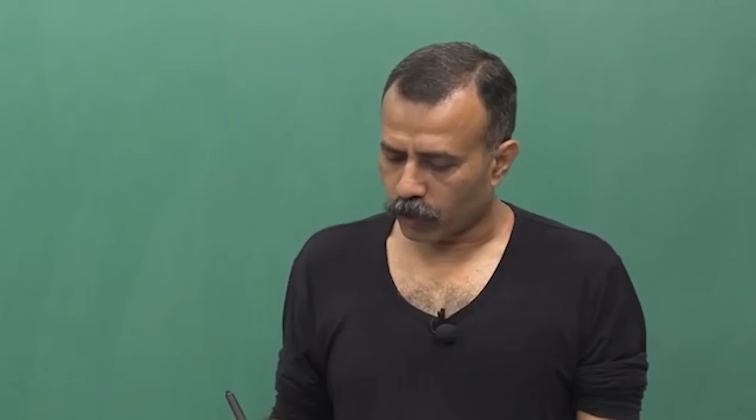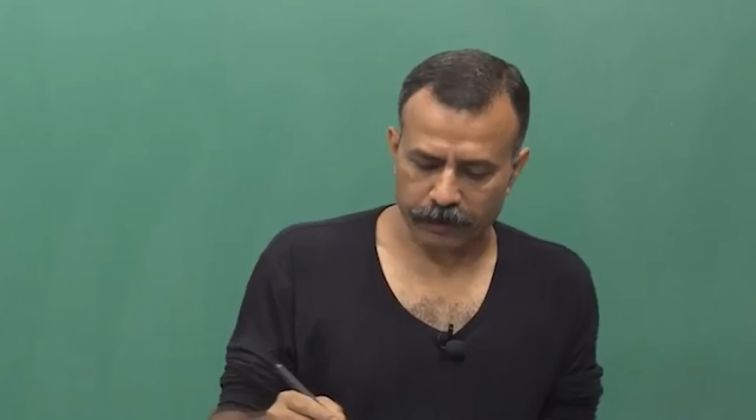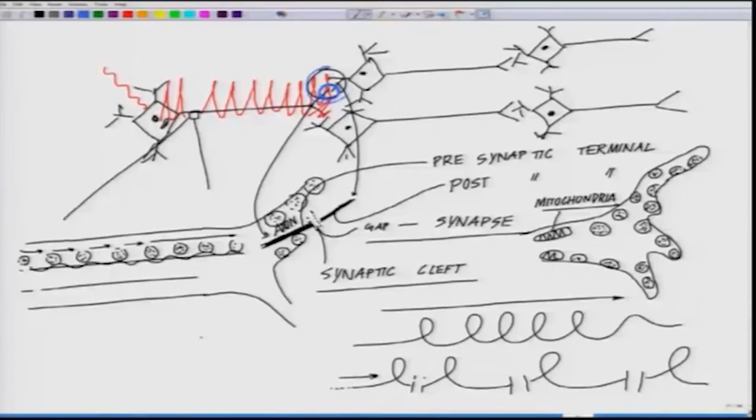Now, let us go back to the synapse. I told you something about this part, right? Remember? I told you that there are these vesicles which travel out here, and I have already told you that cells could be glutamatergic, GABAergic, whatever. So, what happens at this synapse?